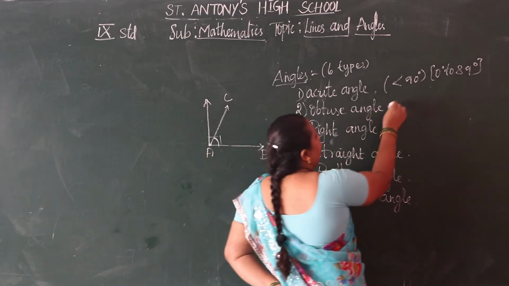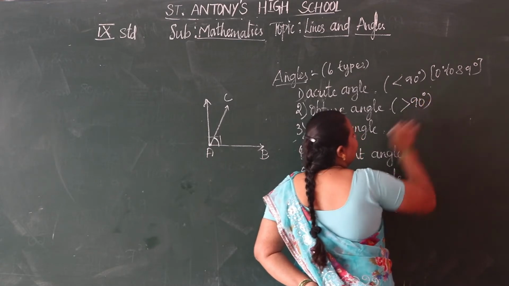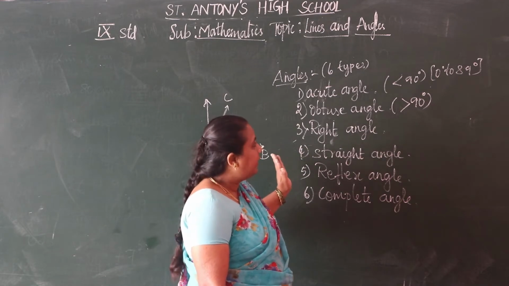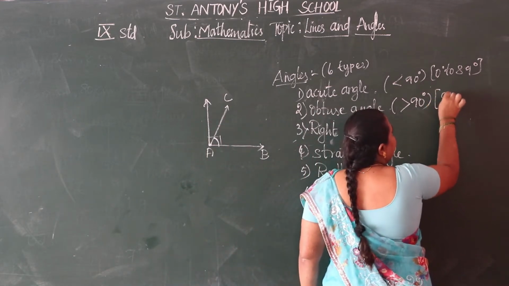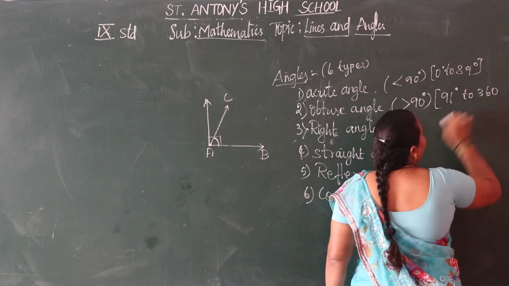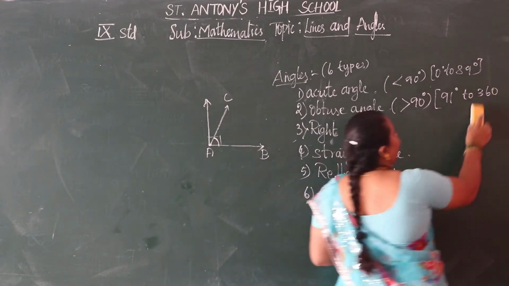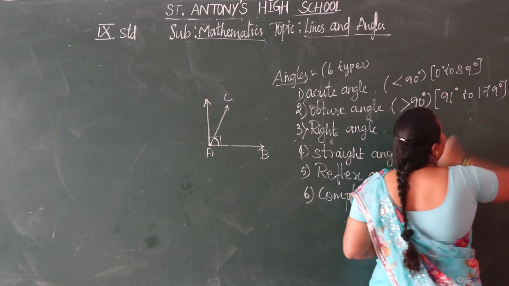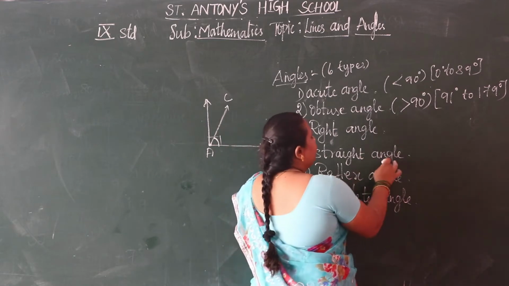Next, the obtuse angle, which is greater than 90 degrees. We can say it is 91 degrees to 179 degrees. We do not consider 180 degrees here.